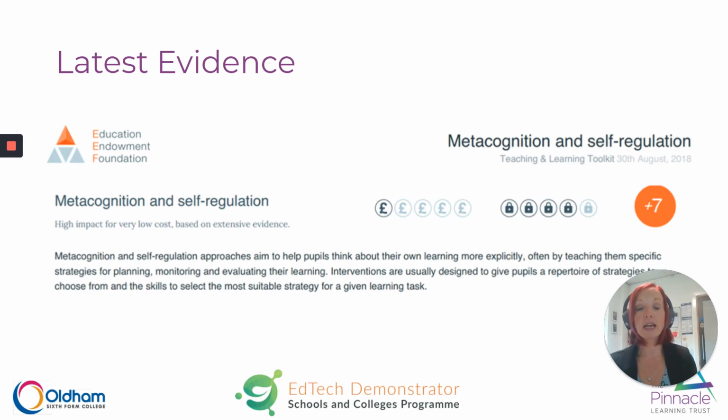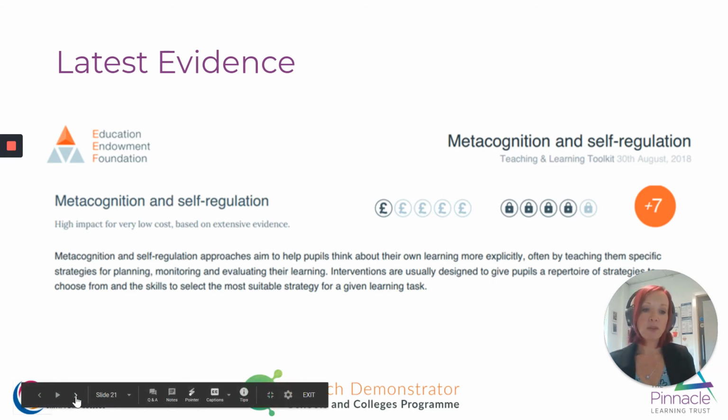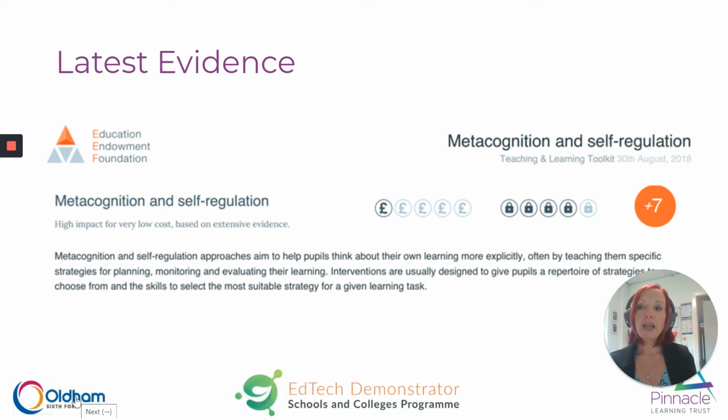The guidance report is based on about 1,500 pieces of research and a meta-analysis of that. So we know it's secure. That's what the 4 padlocks mean. And it has an impact of +7 months if we do it properly. And the impact is greater for disadvantaged students who often don't have these skills because they are not taught self-regulation whilst they're at home.